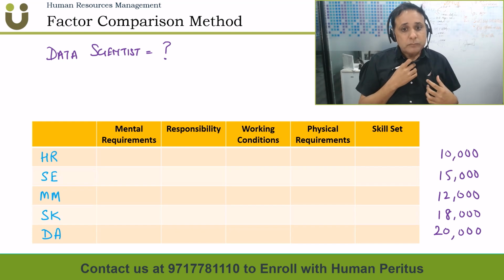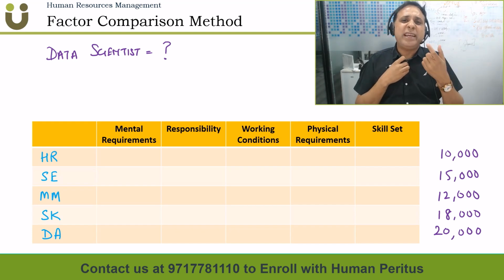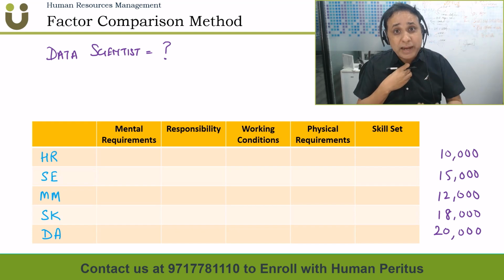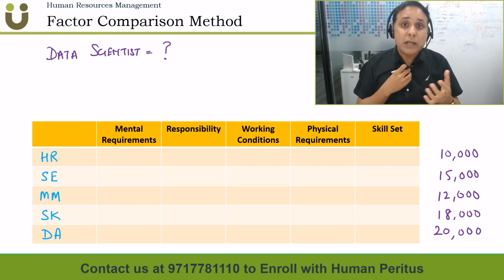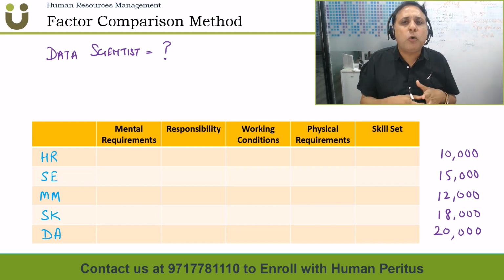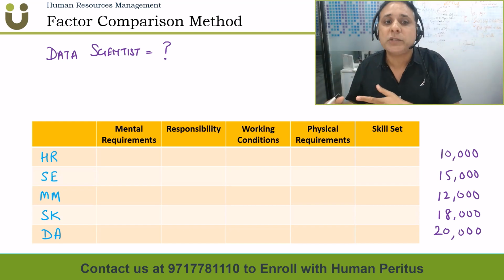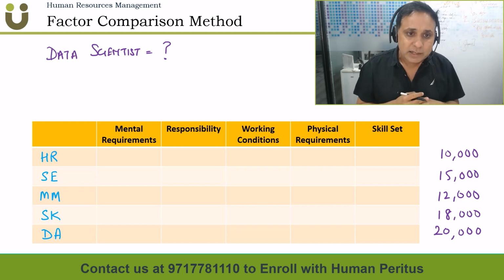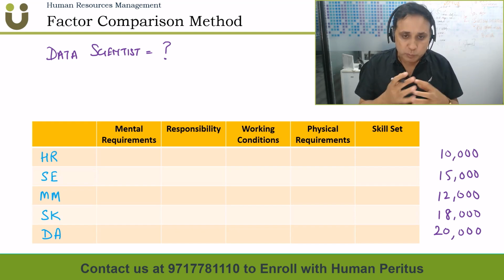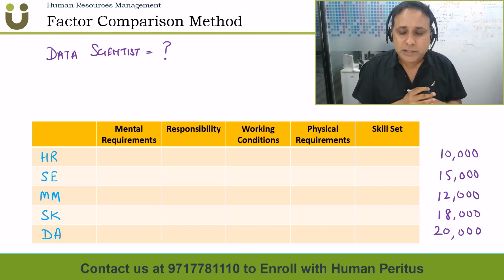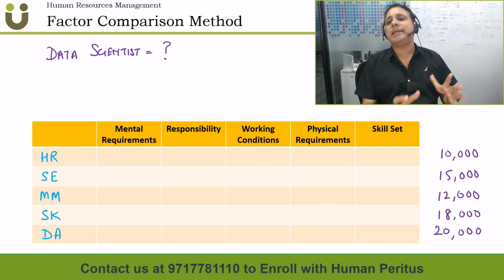Okay. Now we identify a set of factors. These factors are usually common to all jobs, existing jobs as well as new jobs. So these factors are, in this case, mental requirements, responsibilities, working conditions, physical requirements, and skill set. Okay.